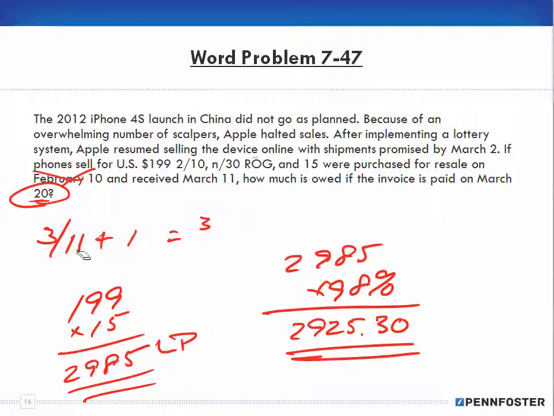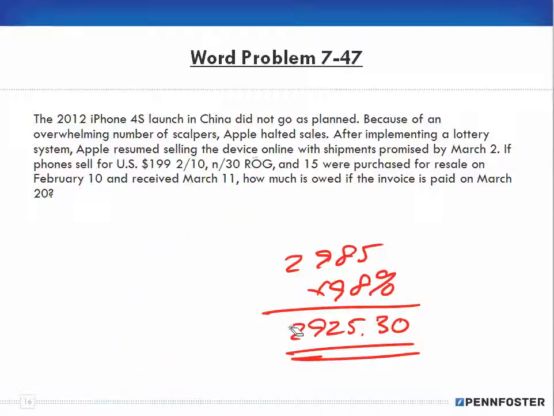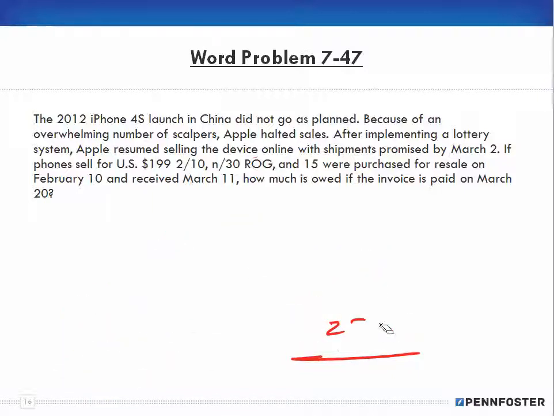And I'm at 15 minutes. So let me quickly, very quickly, because you should be accustomed to this already, I'll go over this, and if you don't have any problems, go ahead and stop the video. Let's see here. Shipments are promised by March 2nd. Has nothing to do with the problem.